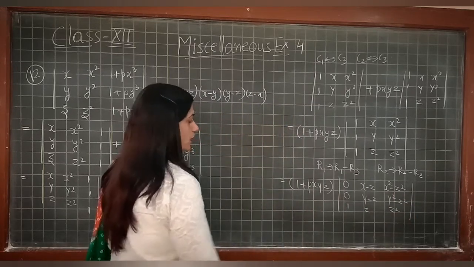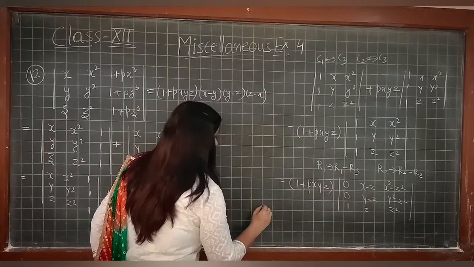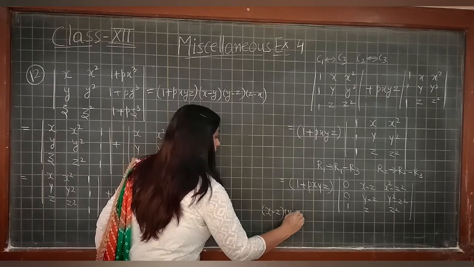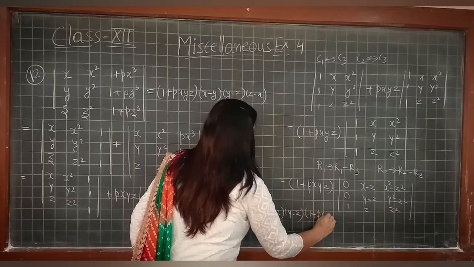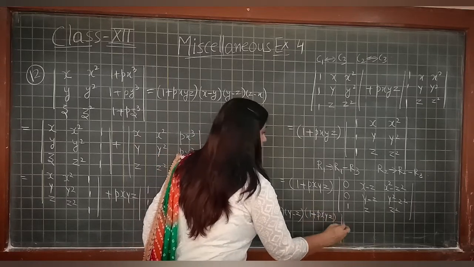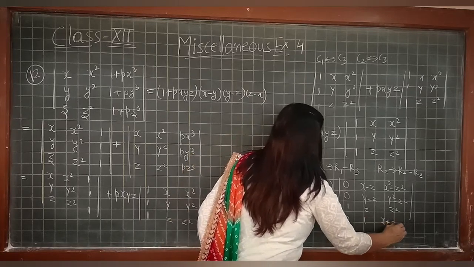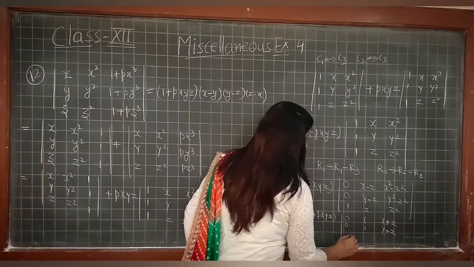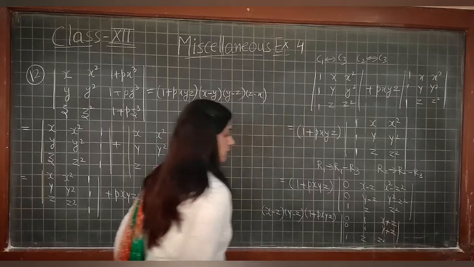So taking out common from these two rows, you have x minus z, y minus z into 1 plus p, x, y, z. You have 0, 1, x plus z, 0, 1, y plus z, and 1, z and z square.